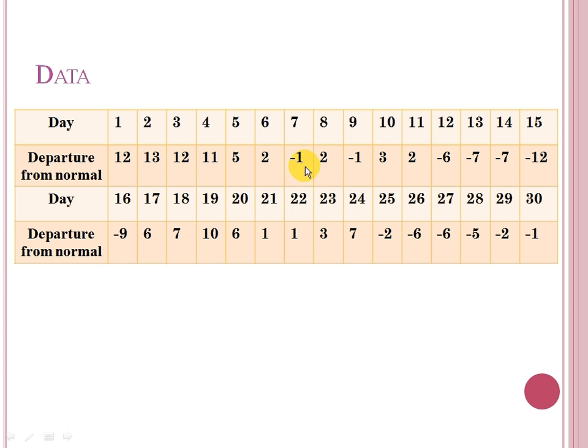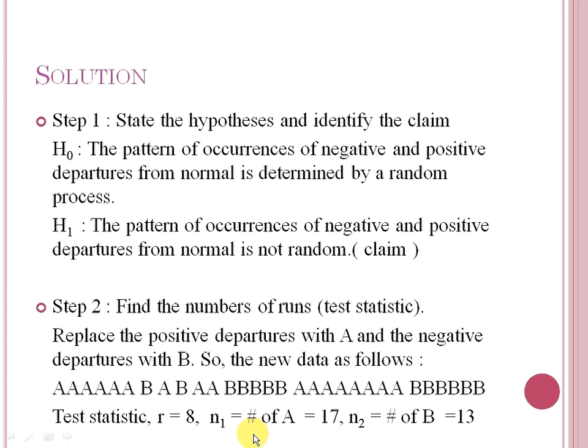We record the data here: A, B, and so on. Then we find that it has 1, 2, 3, 4, 5, 6, 7, 8 runs.